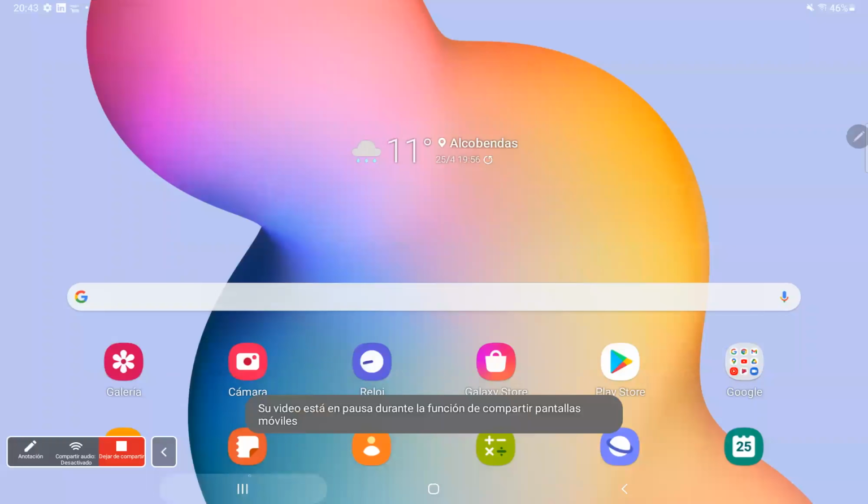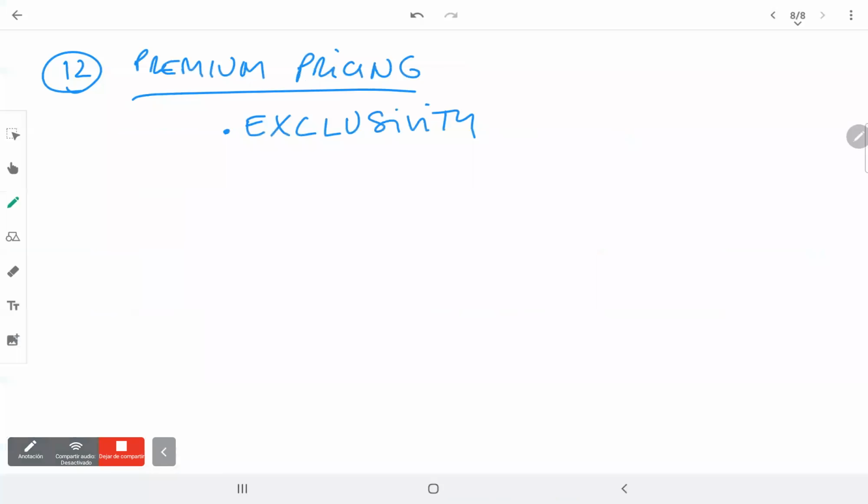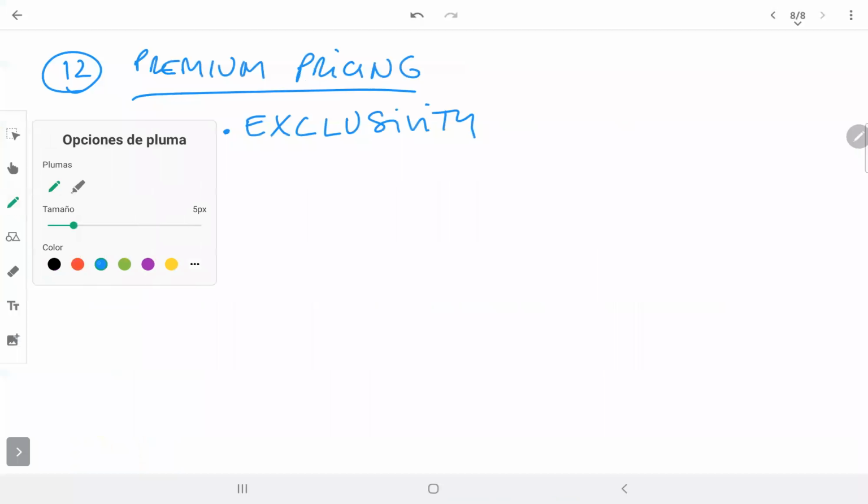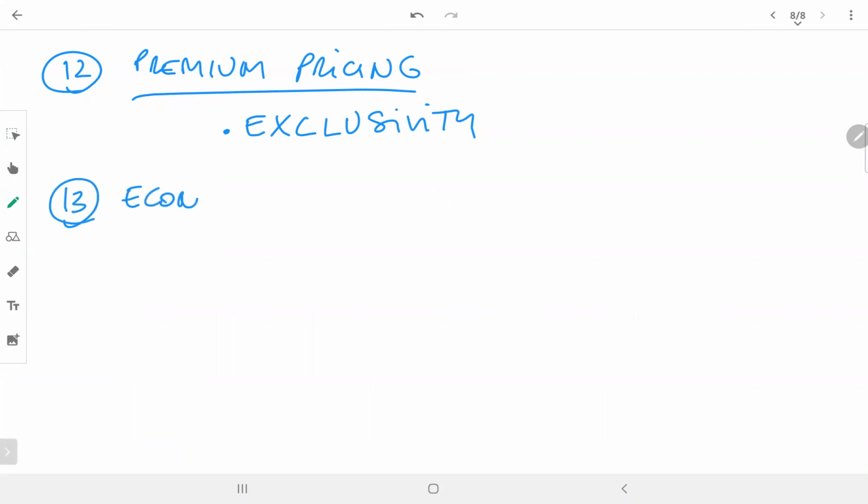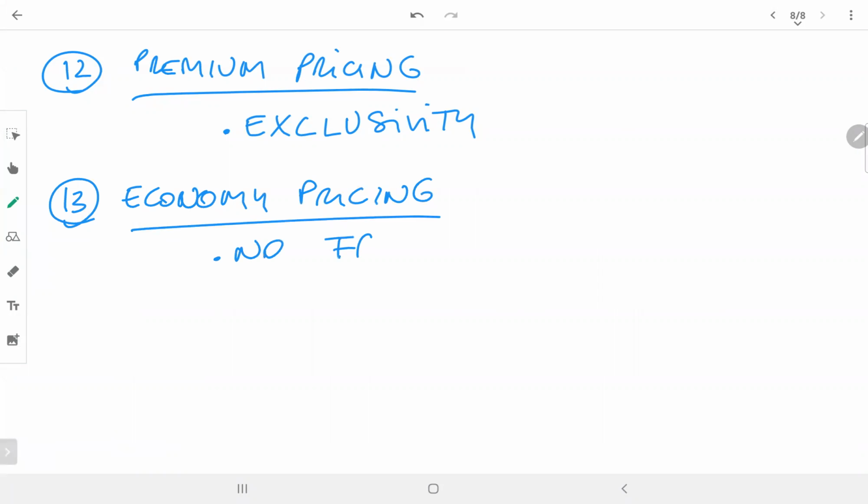So what's the opposite of premium pricing? You may be wondering. I'm glad you do, because now we're going to talk about economy pricing. Economy pricing, and this is no frills pricing, right?